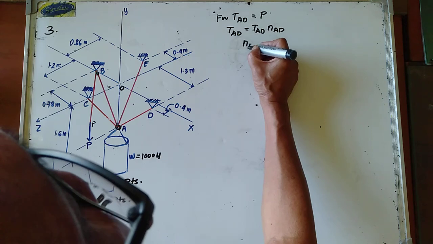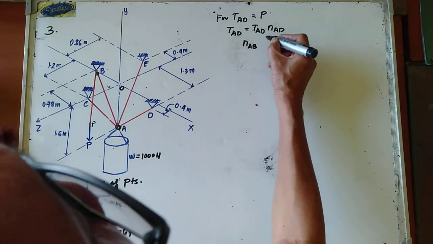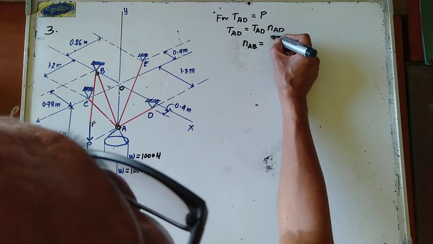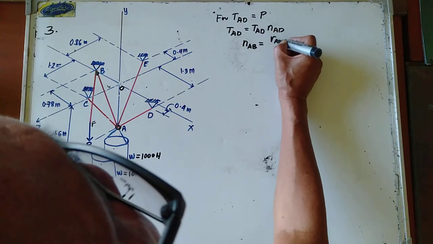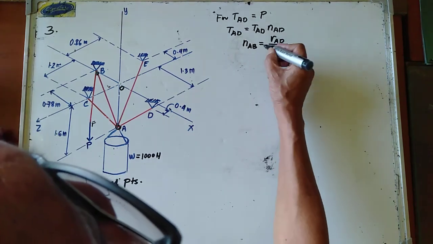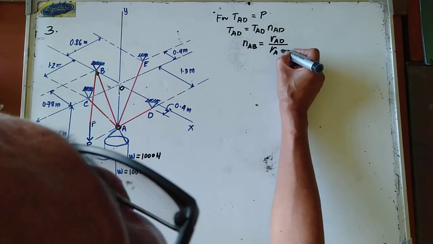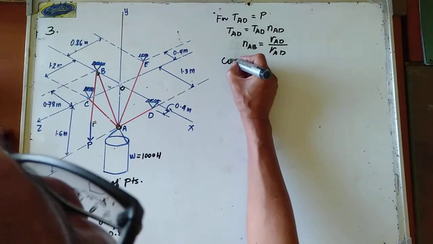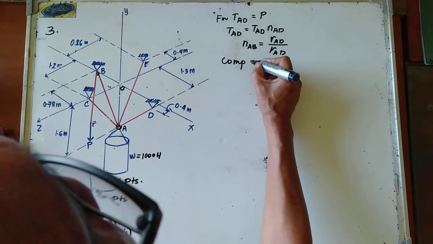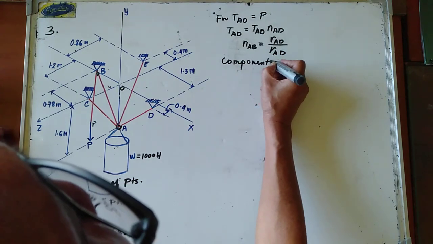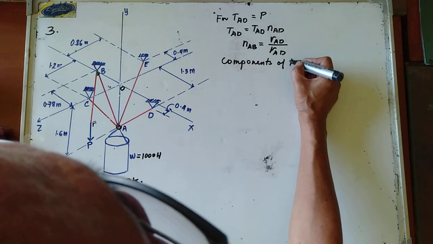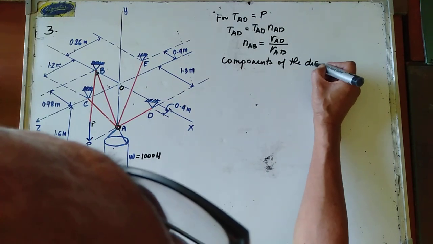Again, let us try to introduce a position vector in the direction AD so that we can determine that unit vector, rAD. Now, again, the components of the distance AD.